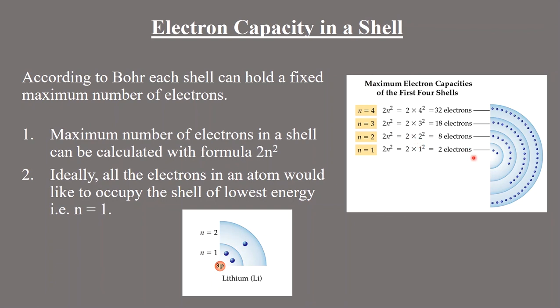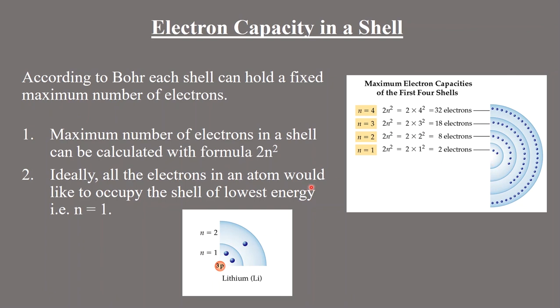As the shells get larger, they take electrons farther away from the nucleus. The electrons that are close to the nucleus will have low energy, and the electrons that are far from the nucleus will have high energy. Ideally, all the electrons in an atom would like to occupy the shell of the lowest energy, which is n equals 1.